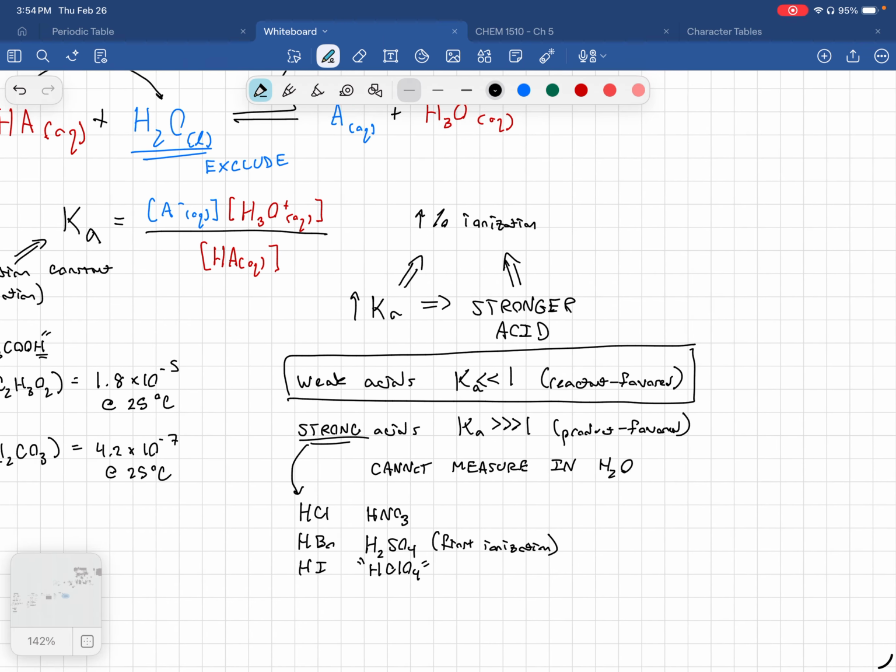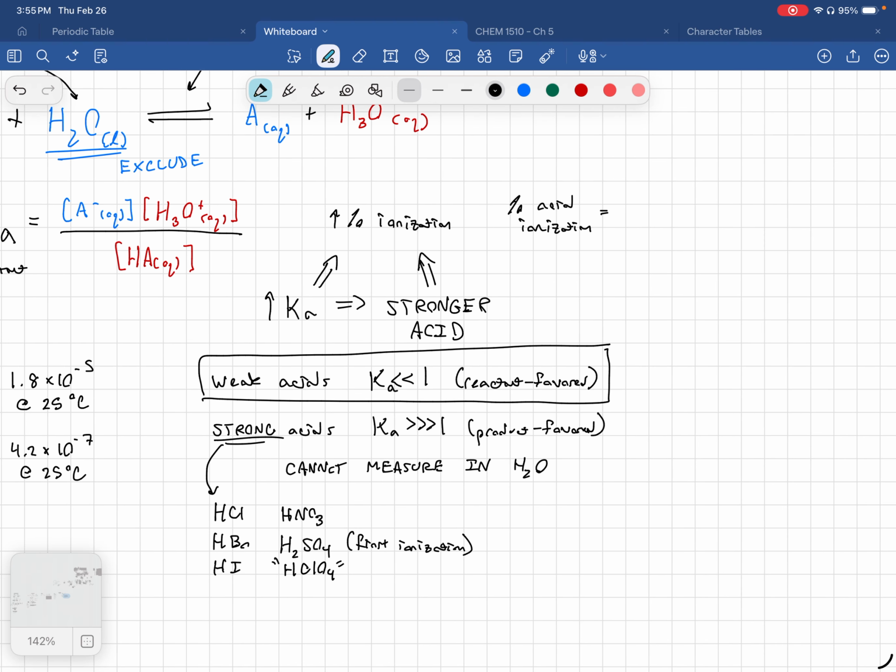We're going to learn that percent acid ionization, but we'll look at this more a little bit later, is going to be the concentration of produced H3O plus at equilibrium divided by the initial concentration of your acid times 100, right?